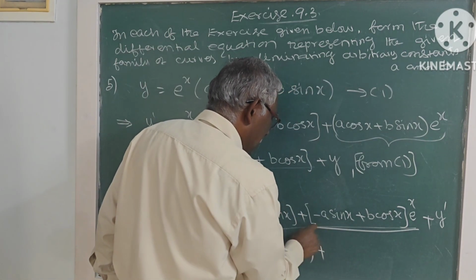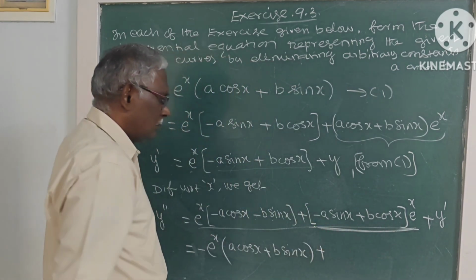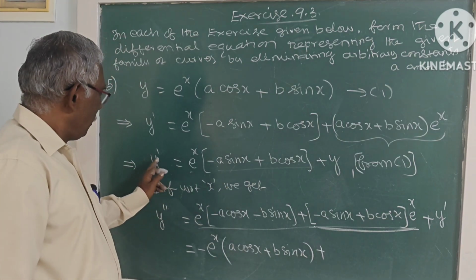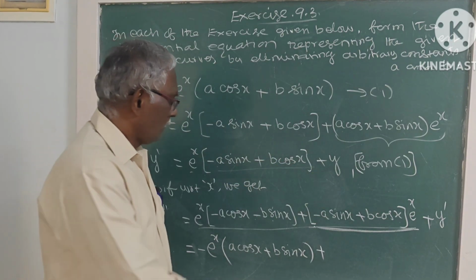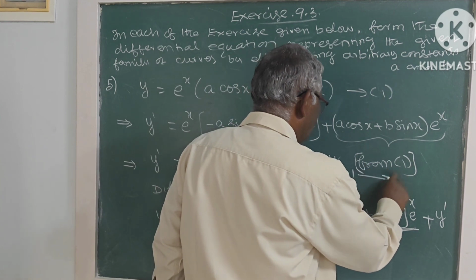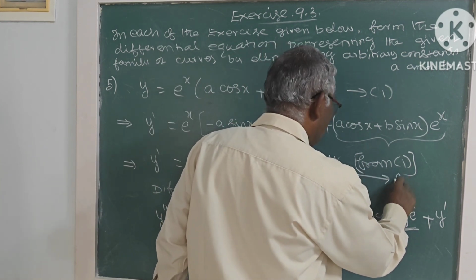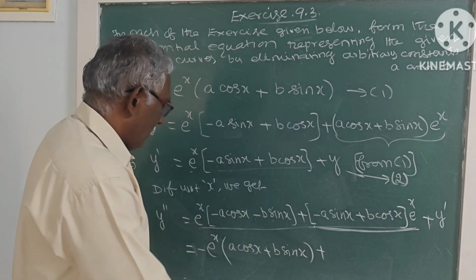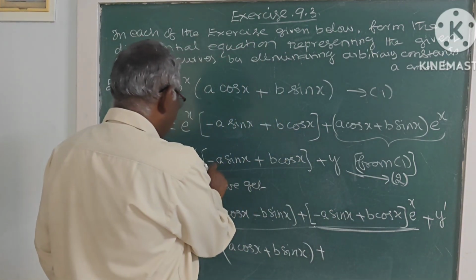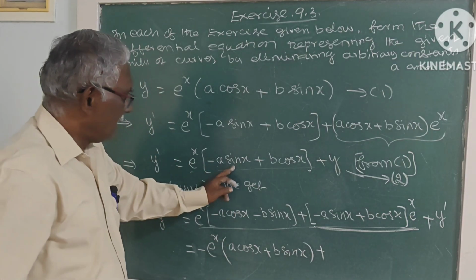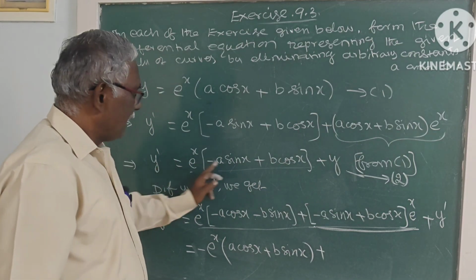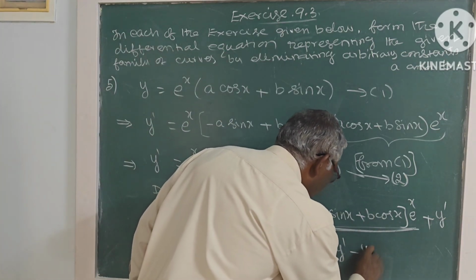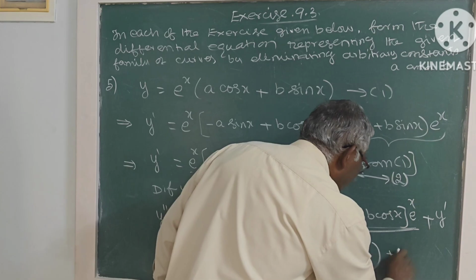So this is nothing but y dash minus y. We call this equation 2. Therefore, this is equal to y dash minus y plus y dash.